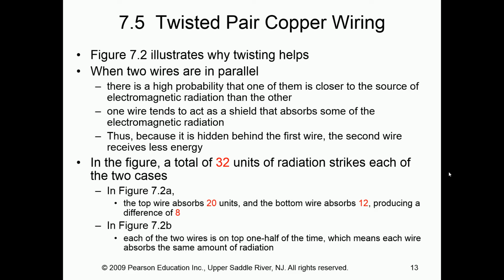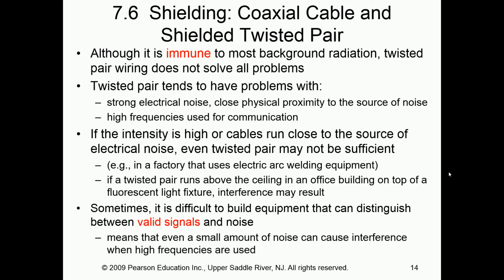Essentially, without the twists, when the wires are in parallel, there's a higher probability that the closer the wires are together, the more likely there's going to be noise from other wires' radiation. While granted, the twisting pair does allow for some immunity to background radiation, it doesn't fix all of it, just some.